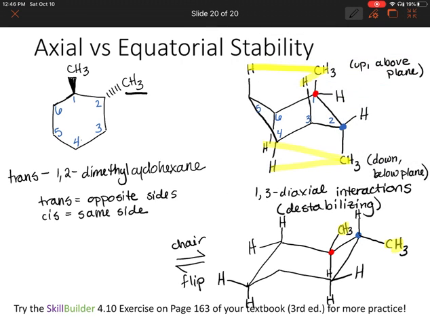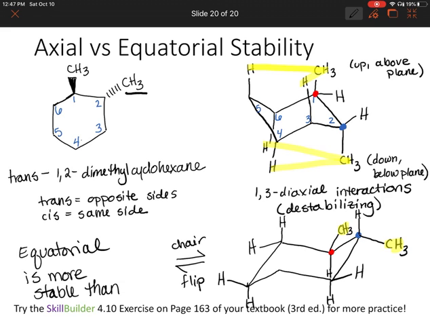So what this tells us is that it's more stable if your substituents are on equatorial positions. So equatorial is more stable than axial.